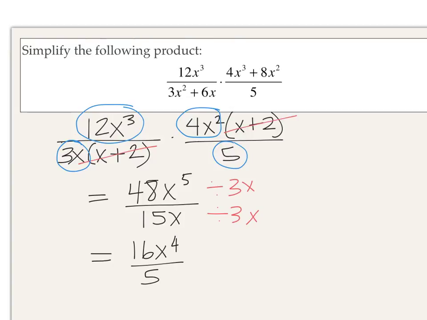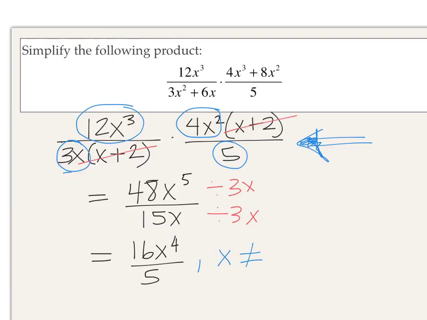Now this one did not give us non-permissibles, so we have to do them. Now it's important when you're doing multiplication that you consider this original step, okay, the factoring step. That's the step you should consider for your non-permissibles. Okay, and you should look at the denominator for both fractions.